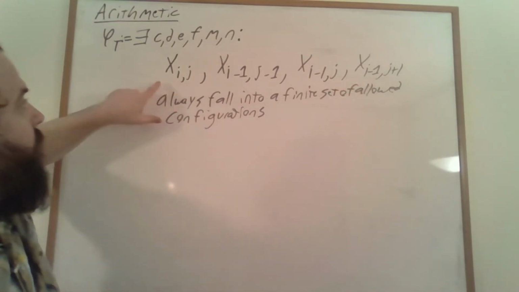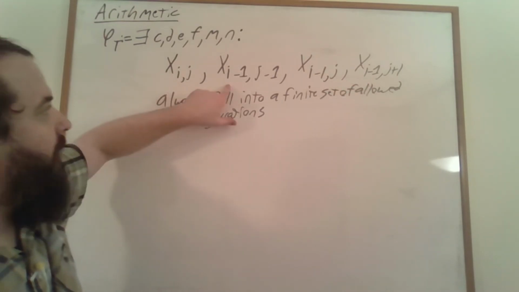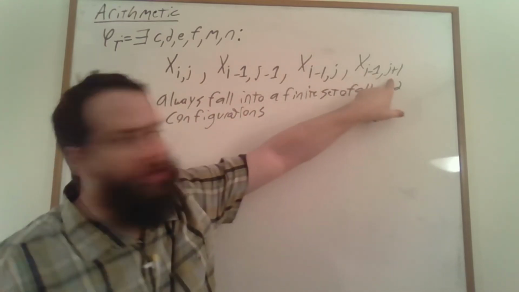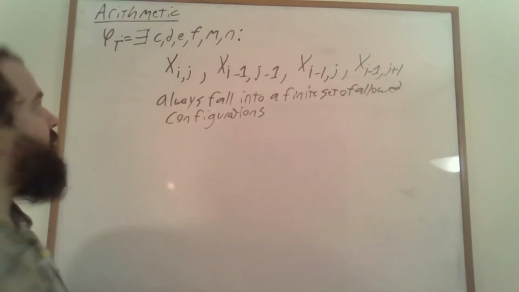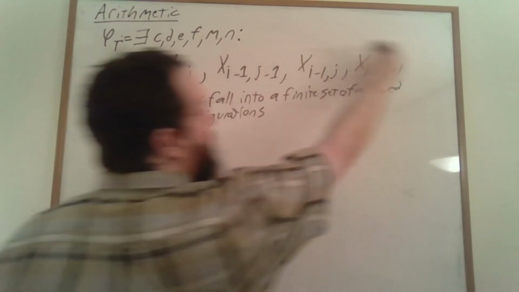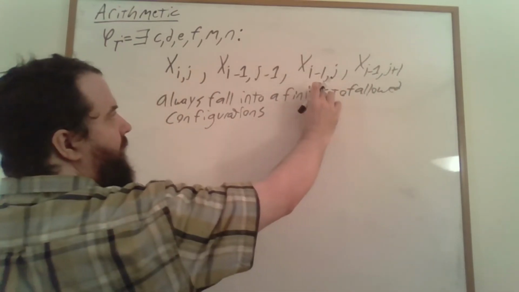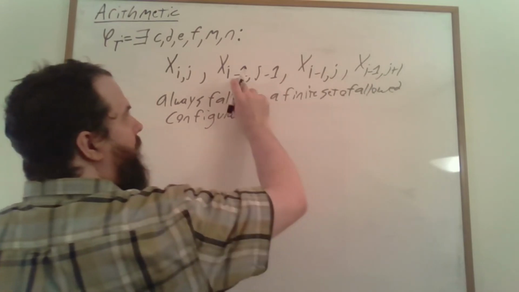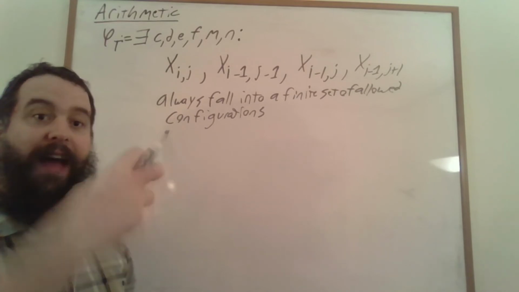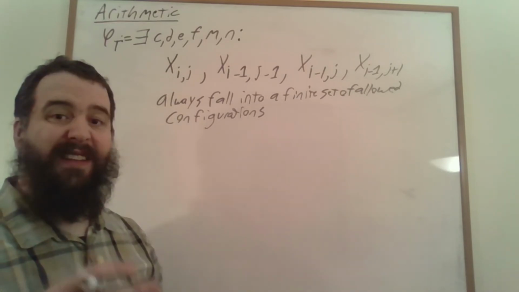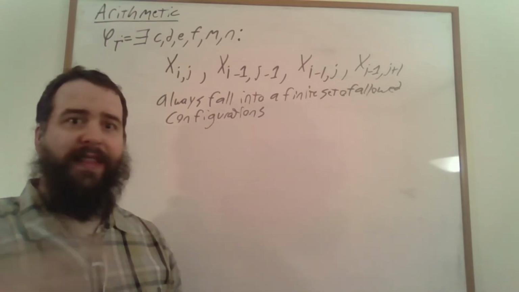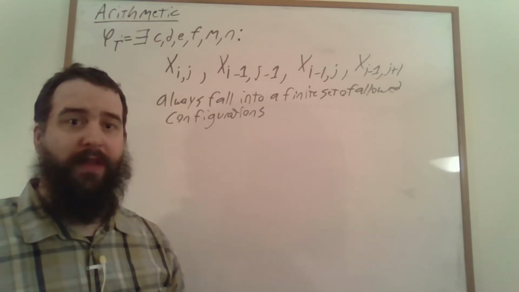And we're going to require that x_i,j, x_i-1,j-1, x_i-1,j, and x_i-1,j+1, these numbers here, so the number that goes in a particular cell and the numbers that go in that cell and its neighbors at time i minus 1, are all going to fall into a valid configuration. And since there are only a finite number of allowed configurations here, we can just write this out as a really long formula with ANDs and ORs in it.